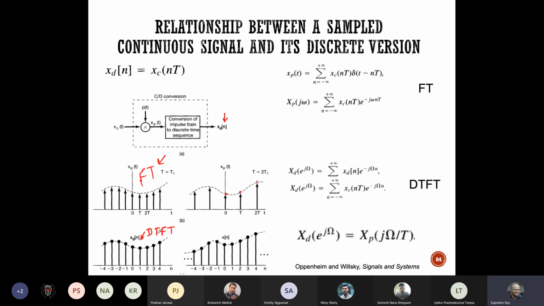Forget about the Fourier and the DTFT. Going from here to there, in the signal, what have I lost?